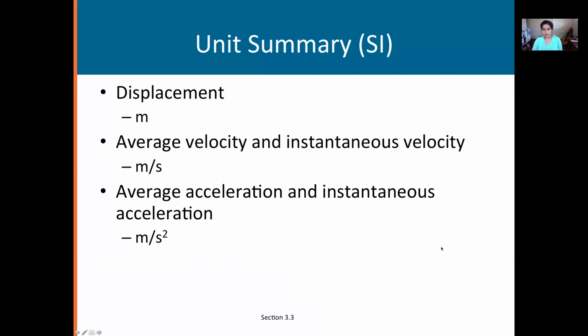So these are my new definitions of the vectors. And just to summarize them: displacement, average velocity and instantaneous velocity, average and instantaneous acceleration, and the units are meters, meters per second, and meters per second squared, correspondingly.